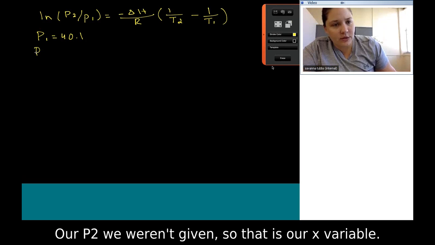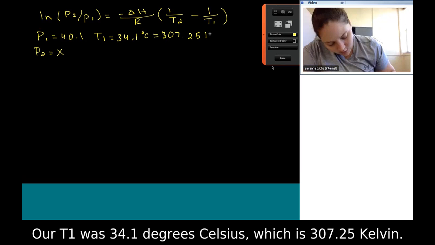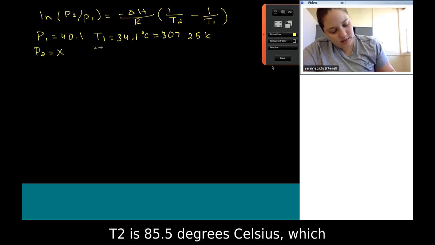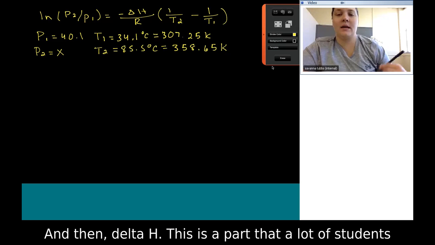Our P2, we weren't given, so that is our X variable. Our T1 was 34.1 degrees Celsius, which is 307.25 Kelvin. T2 is 85.5 degrees Celsius, which is going to be 358.65 Kelvin.